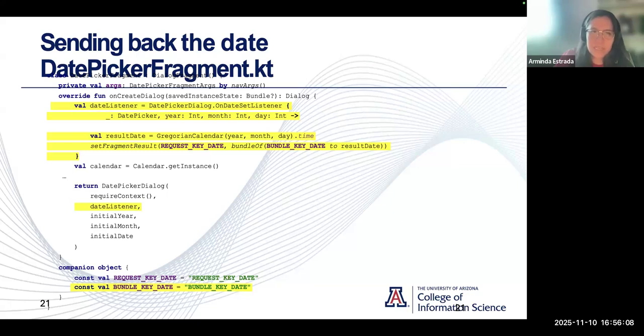Then we call in the value resultDate, call in the Gregorian calendar, and cast it into time, and then set the fragment result. And again, we have to return the DatePickerDialog with the required context, the listener, the year, the month, and the date.